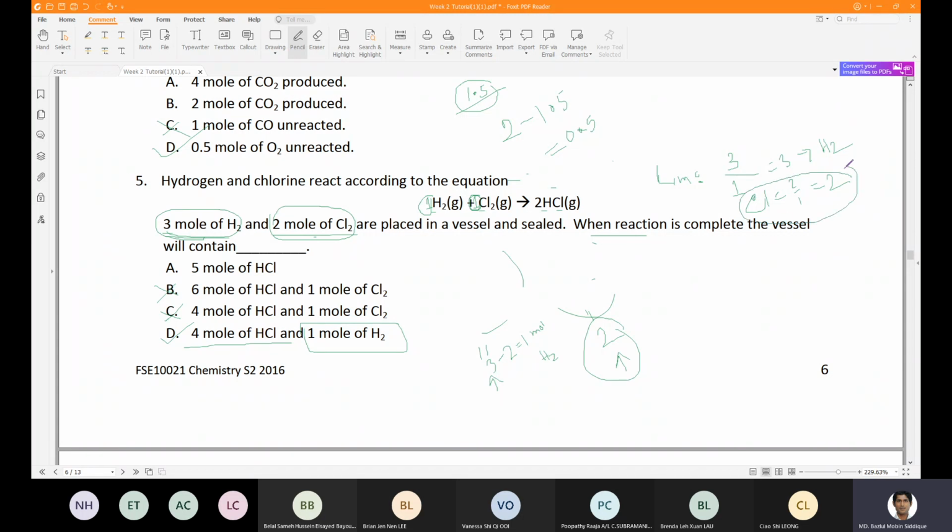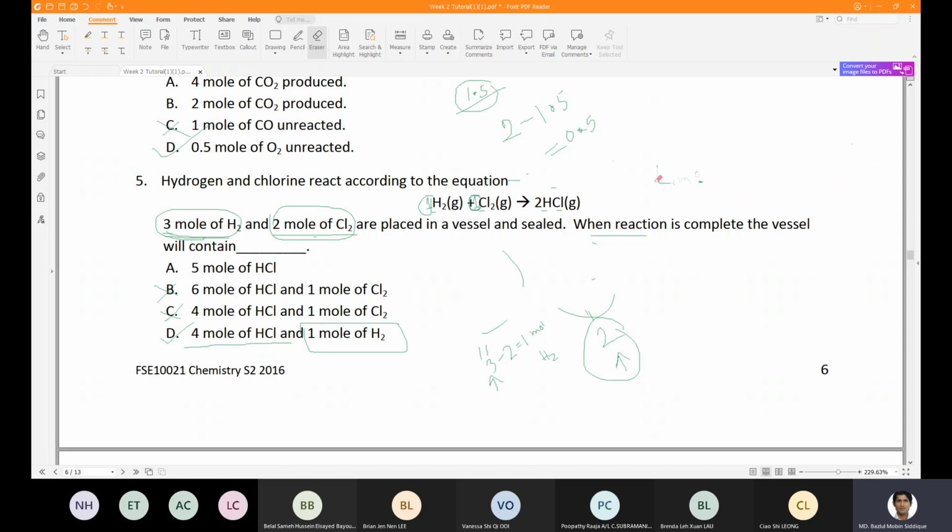Chlorine is 2. Now we find out from our analysis that chlorine will be used up faster, because chlorine has only 2 as its ratio, but hydrogen has 3. So hydrogen is bigger than chlorine, so chlorine will be used up faster.